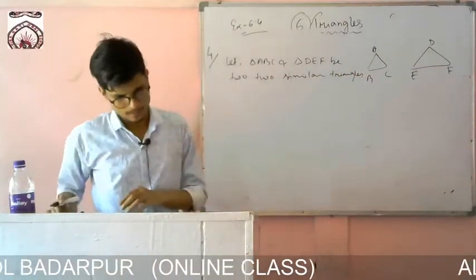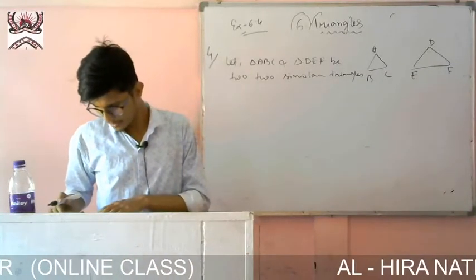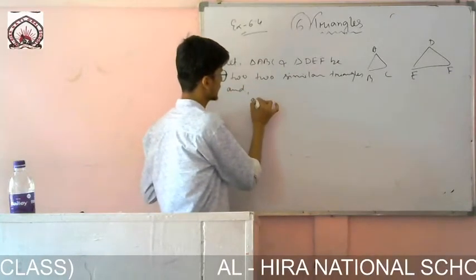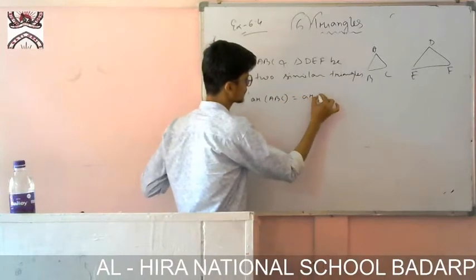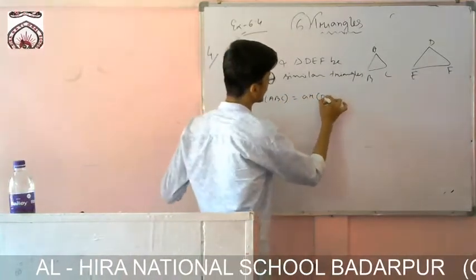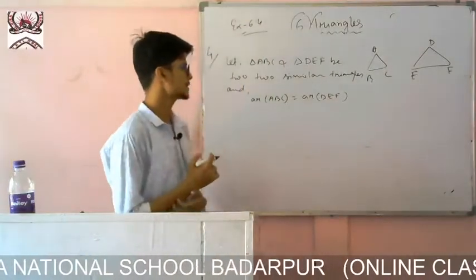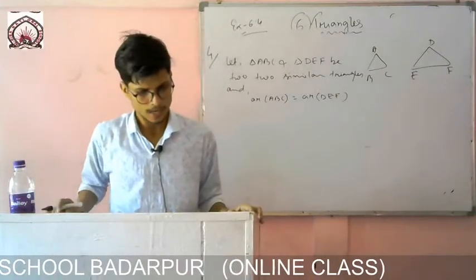Two similar triangles, and area of triangle ABC is equal to area of triangle DEF. It is given in the question. These two triangles are similar and the area of triangle ABC equals the area of triangle DEF.